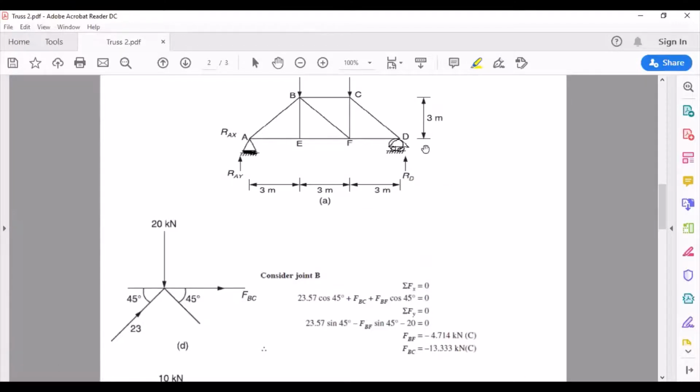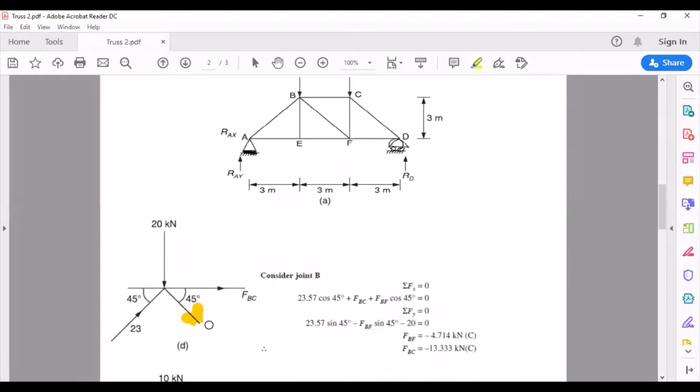The assumption of the direction here is outwards. The arrow is missing there. Assumption is outwards. So in this you have two unknowns, that is this member force FBF and FBC.